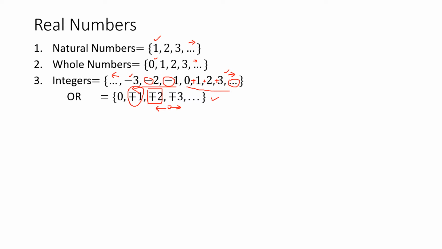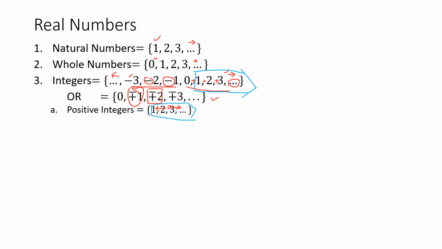The most important sets I'm going to explain here. First of all, positive integers. Positive integers are those integers which start from 1 and move to the right. These we call positive integers.